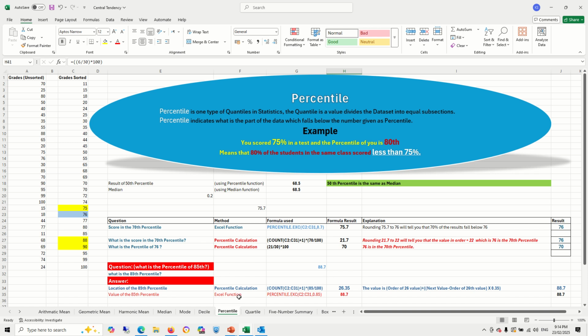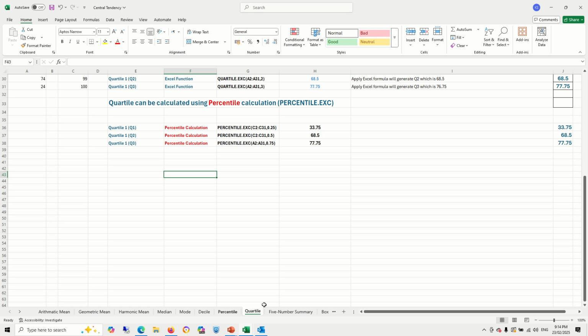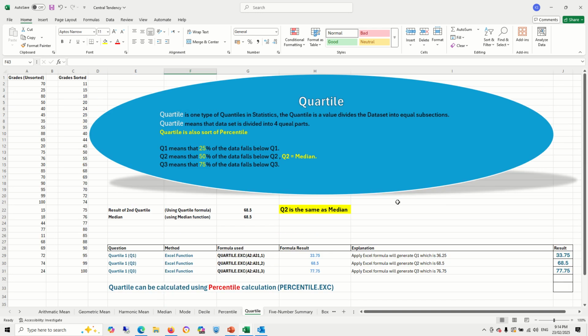Let us look at the third type, which is quartile. The quartile is also one type of quantiles in statistics, and again the quantile is a value which is dividing the dataset into equal subsections. So quartile means that dataset is divided into 4 equal subsections or parts.